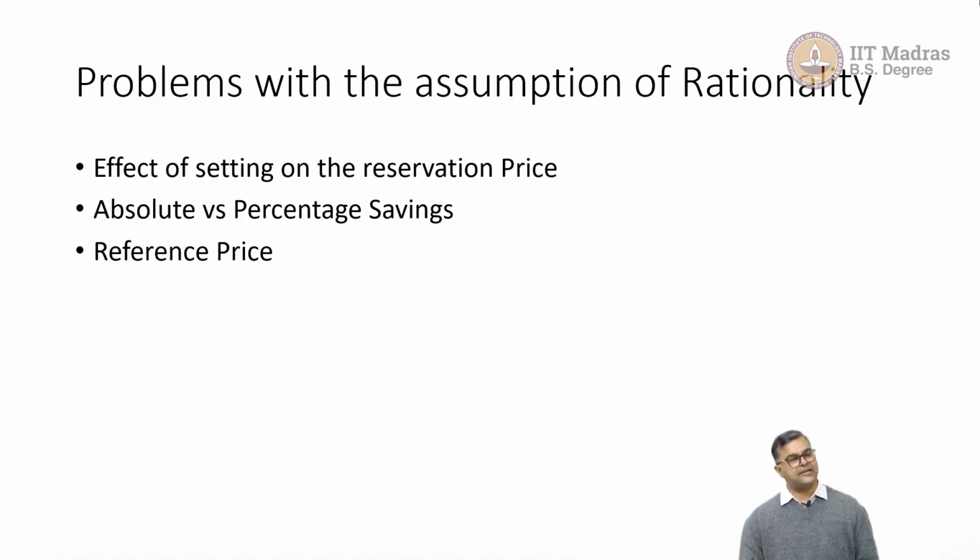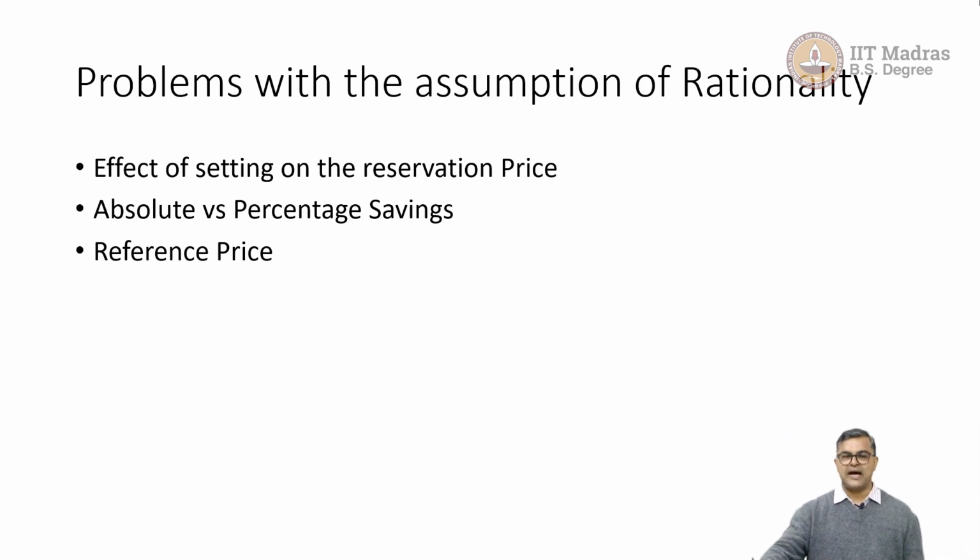Another problem is that many times, when we talk about consumer surplus or reservation price, we think in terms of percentage gain rather than in terms of absolute gain. Let me give you another example. You are interested in buying an iPad, and of course, you are not using any online market to buy this item.